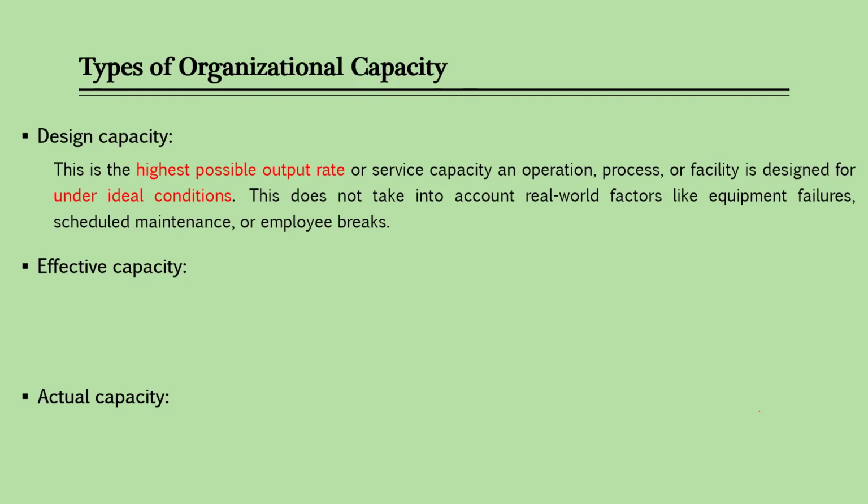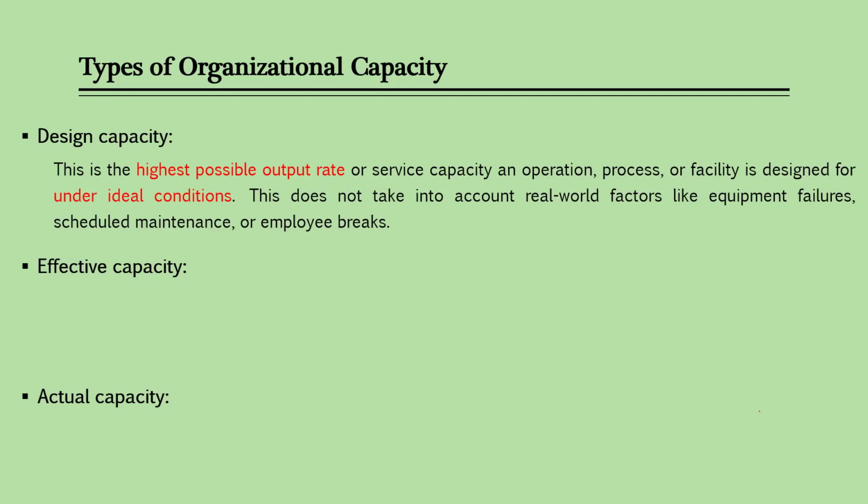Ideal conditions means we are expecting everything will be perfect. There won't be any errors. There won't be any issues. Everything is perfect under ideal condition. If everything goes perfectly, we are assuming the highest possible output rate for the operations. That is known as the design capacity.